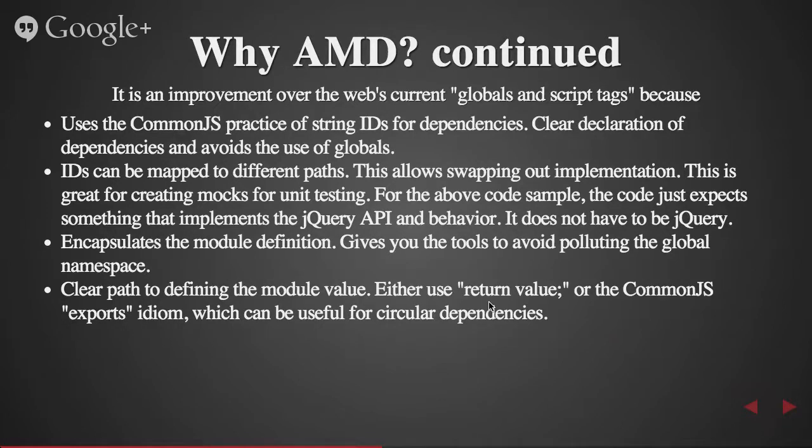It encapsulates the module definition, and gives you tools to avoid polluting the global namespace, which can be a problem with JavaScript. And a clear path to defining the module value, either use return value or the CommonJS exports, which if you've used CommonJS, you know that they tend to use the export a lot. And you return that export object.